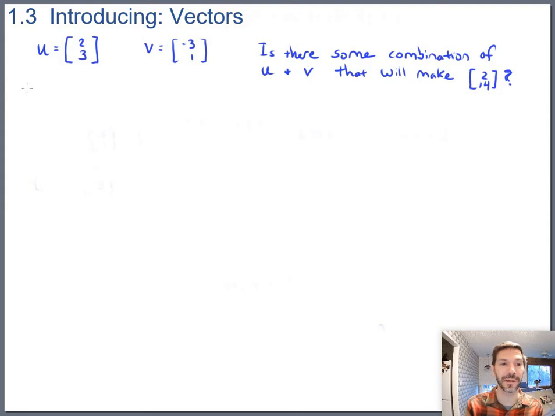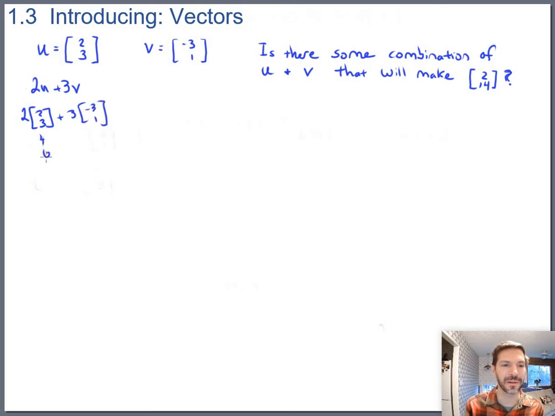So a combination of U and V would be something like 2U plus 3V, which we saw in the previous video does not make (2, 14). It makes something else, right? It's like 2 times (2, 3) plus 3 times (-3, 1).